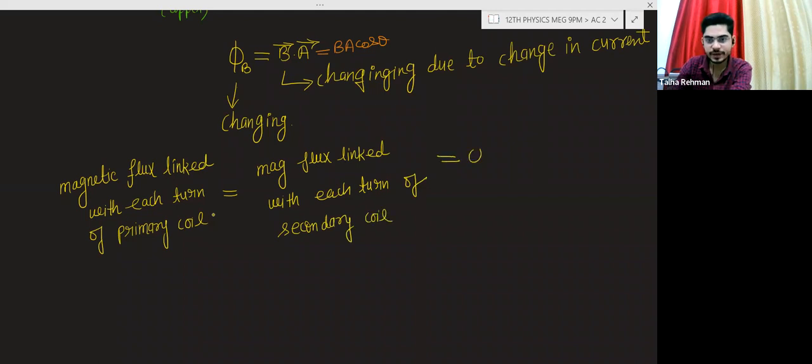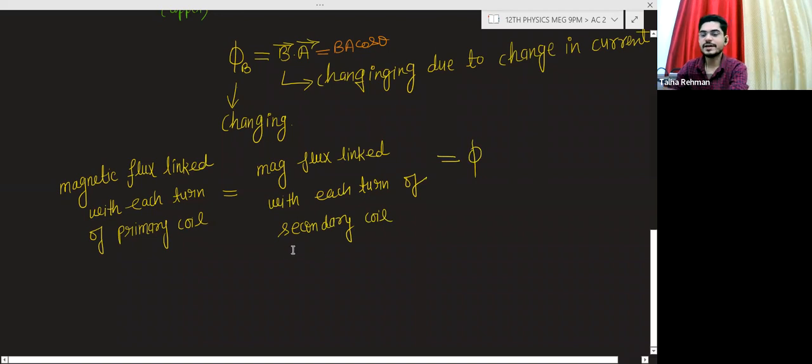That is given by phi. Basically, phi is the magnetic flux linked with the primary and the secondary coil.